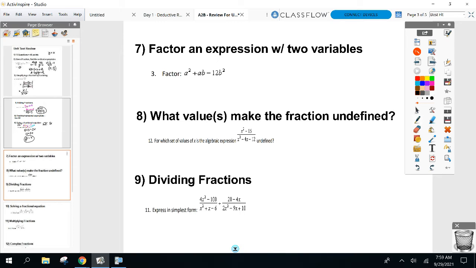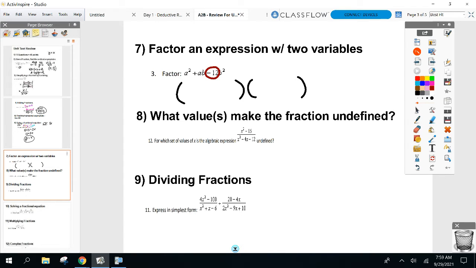Where do you always start with factoring? GCF. Anything? No. Okay, how many terms? 3. Good. What's the number out in front? 1. Okay, we've played this game a ton of times. 3 terms, number out in front is 1. What's the last number? -12, right? And what's the middle number even though nothing's there? +1.